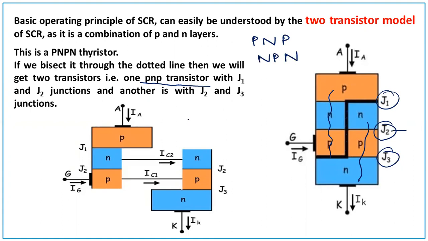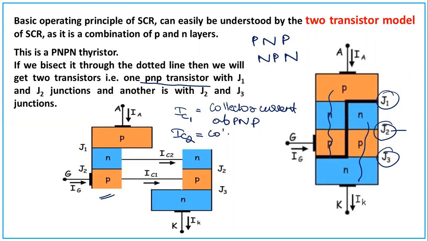Here you can see that there is an IC1. IC1 is the collector current of the PNP transistor, and IC2 is the collector current of the NPN transistor.